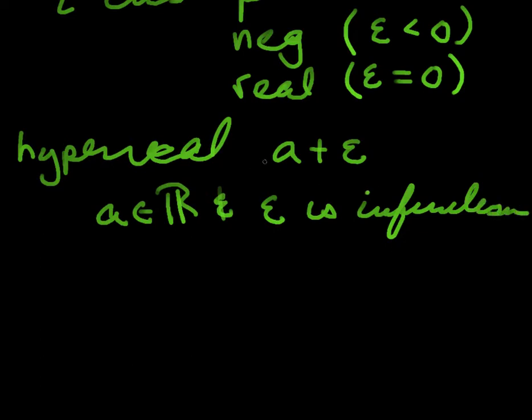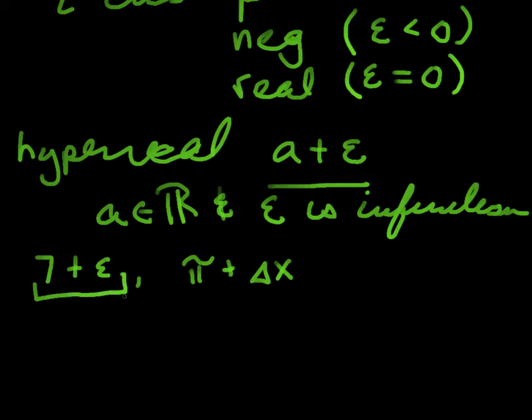Right? So hyperreals look like a plus epsilon. So examples like 7 plus epsilon, or pi plus delta x. These are hyperreals, and I would say that 7 plus epsilon is infinitely close to 7.